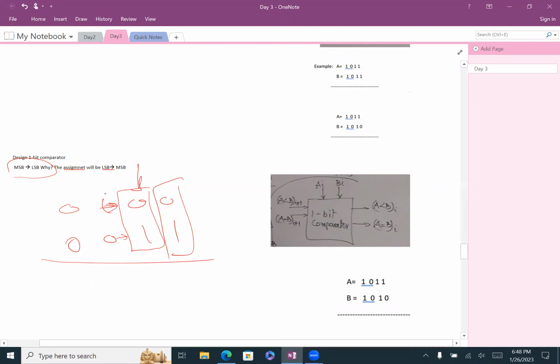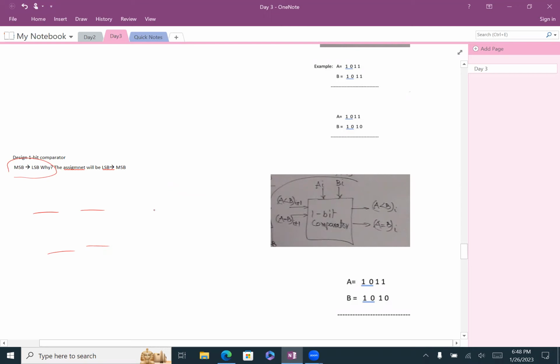Let's make it more clear. Now I will do 1, 0, and it doesn't matter how many bits. Now let's say, and you remember what's my input, what's my output? It's A less than B or A equal B.